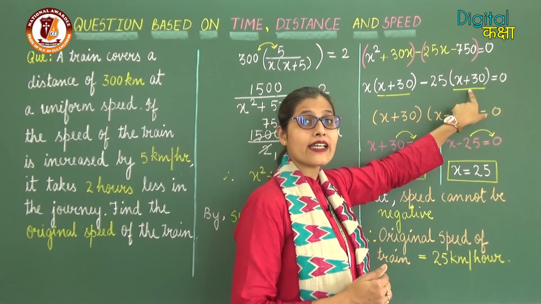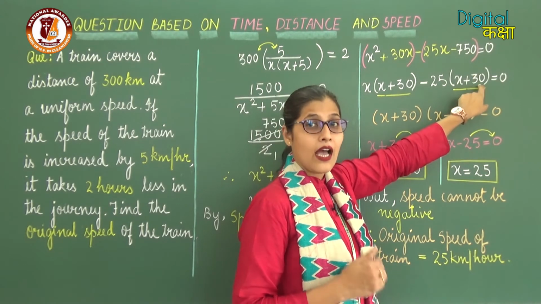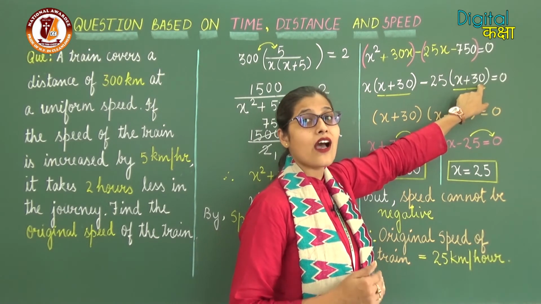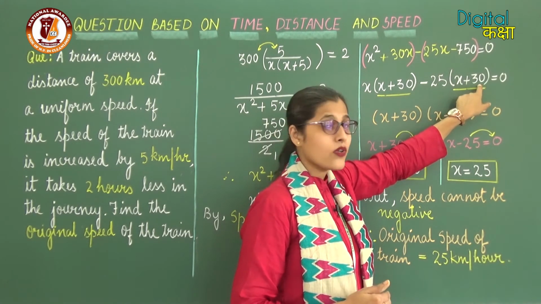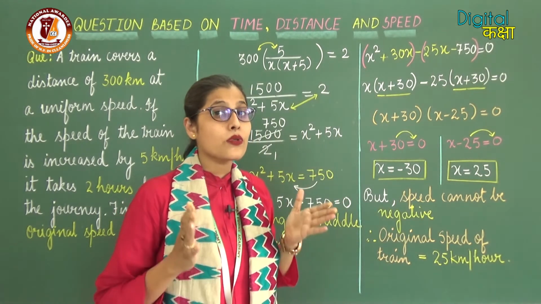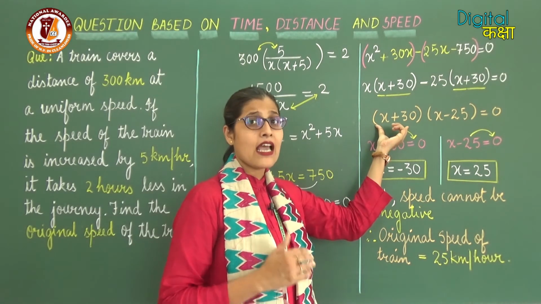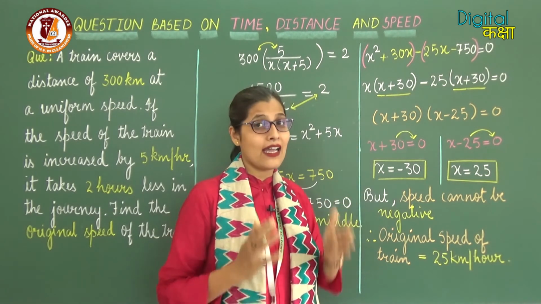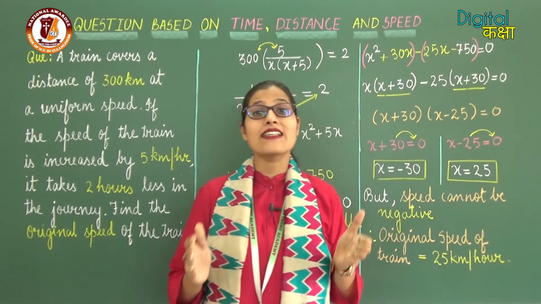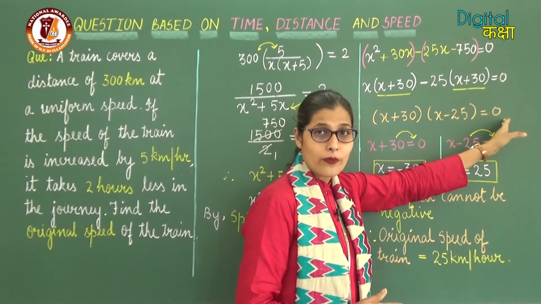So, inside the bracket we will be getting minus minus as plus, and 25 multiplied by 30 is 750. So, we will be writing here 30. Now, you can see that we have x plus 30 as one of the factors and x minus 25 as the second factor, which will be equal to 0.